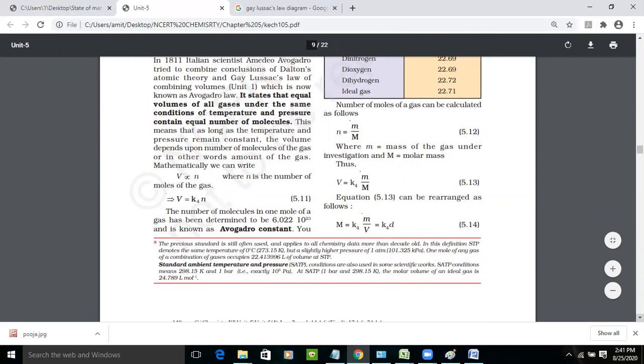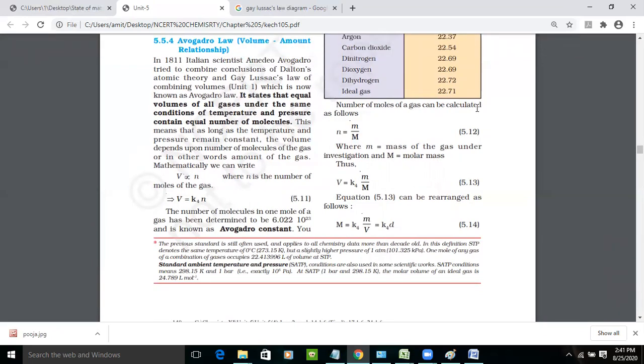We explained how you can calculate the number of moles. Number of moles is equal to given mass upon molar mass. This we have learned in the first chapter. Small m is the given mass, the mass of gas we are taking, and capital M is the molar mass of that gas.